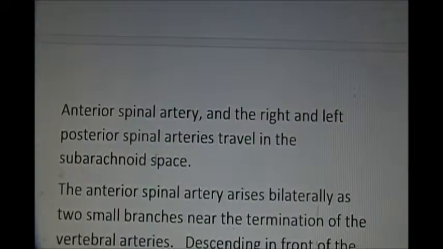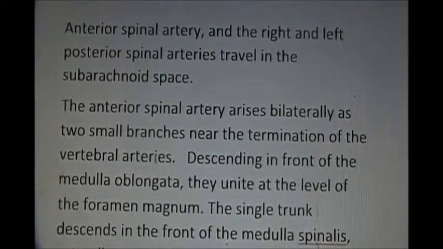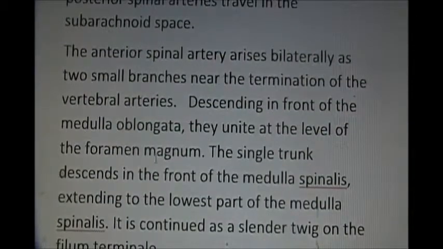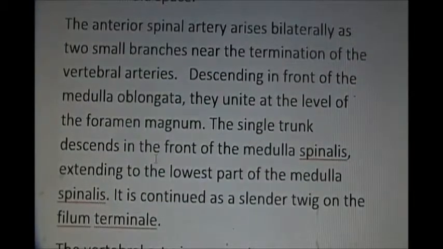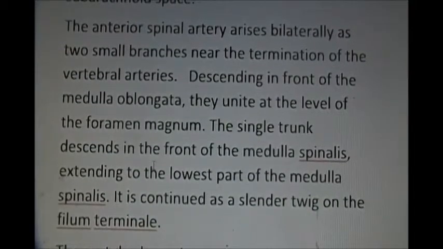The vertebral arteries go up in the brain and they unite to form the basilar artery, and before that they give two anterior spinal arteries. These two anterior spinal arteries descend down on the front surface of the medulla. They unite to form one single anterior spinal artery.